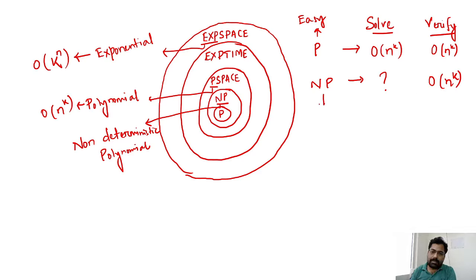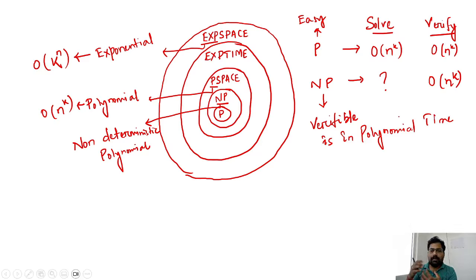So sometimes we can say verifiable in polynomial time means we can verify any problem.